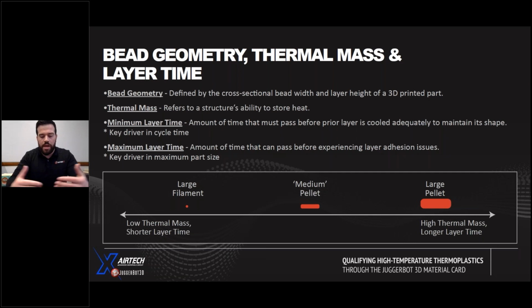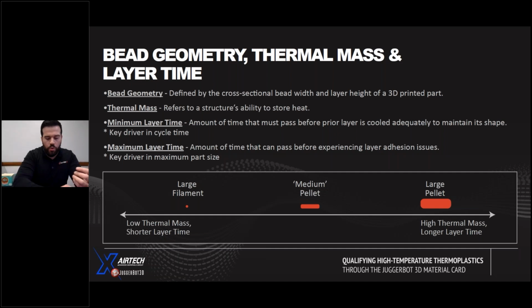So if you're printing in a vacuum, same material, with no external factors affecting the print, the thermal mass, or the ability for a printed part to retain its heat, giving it a longer layer time, making a bigger part, is always going to lean towards larger pellet. While the smaller bead is going to have less thermal mass, a shorter layer time, and it's going to have trouble building larger parts.